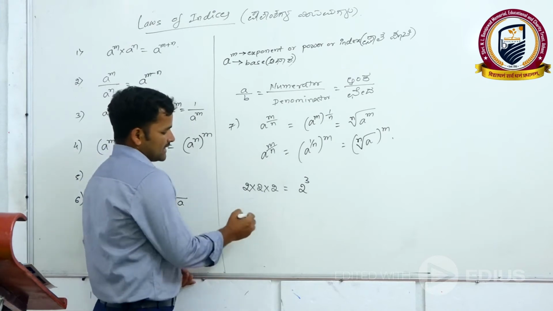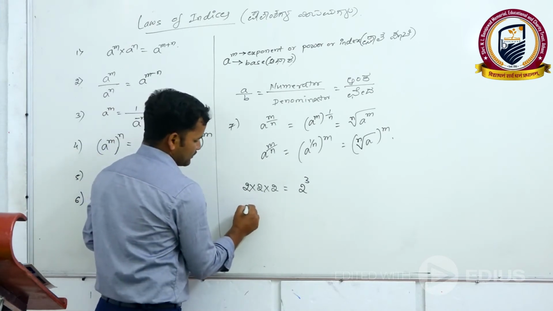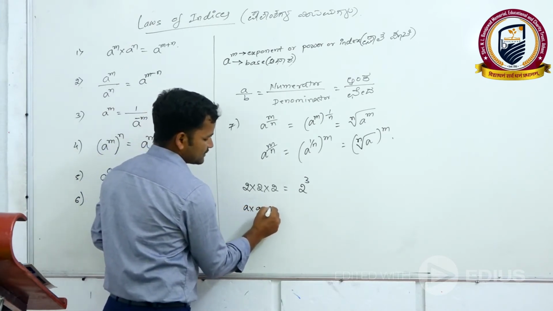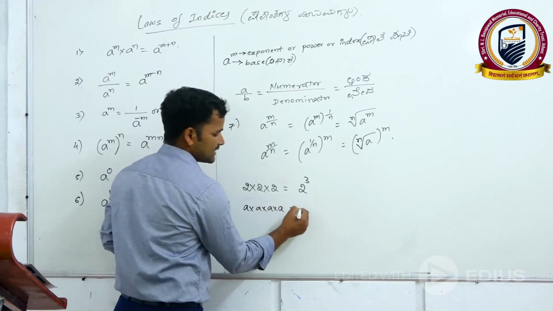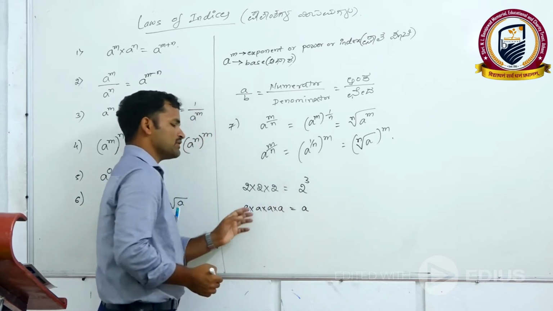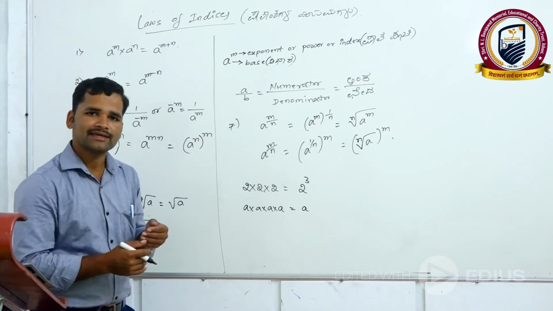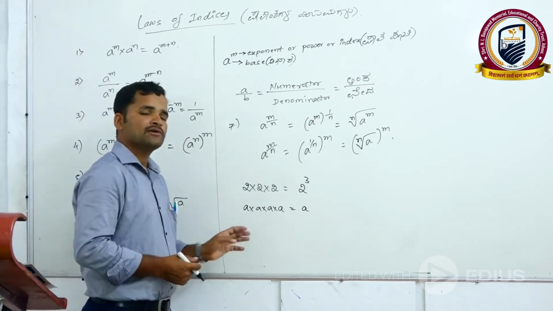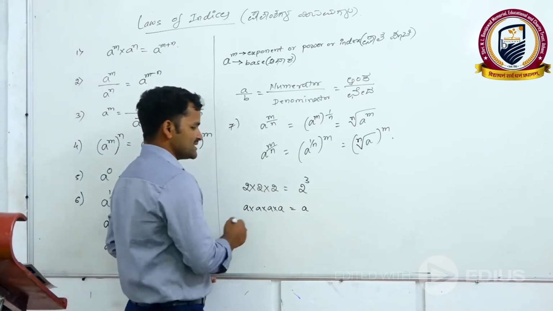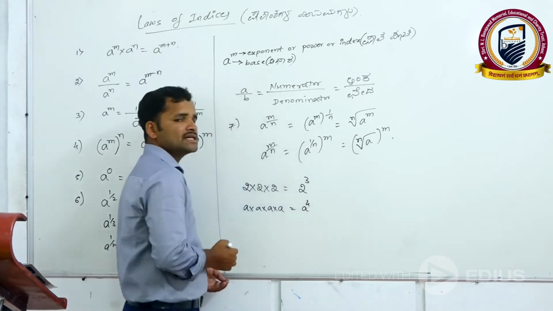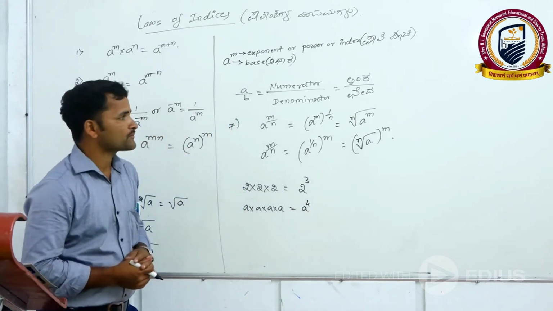Again, if we have a into a into a into a, what will we write here? This is a. How many times is it getting multiplied? 4 times it is getting multiplied. So we will write this as a raised to 4.